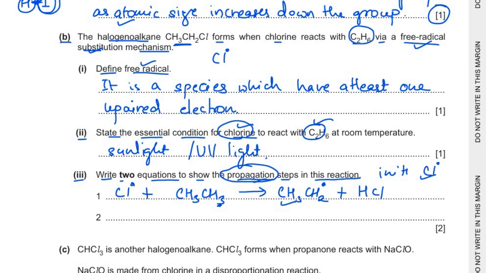Then this free radical of ethane is going to react with chlorine to form CH3CH2Cl, and one more chlorine free radical is going to be formed here. Now in a few of the textbooks or on the internet, you may find that the free radical dot can be written in front also, so that is also acceptable. You can write it in front, not on the top, that is fine.